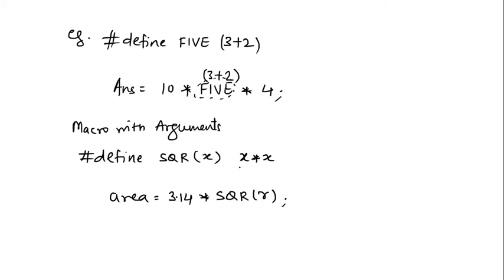So now the body, instead of x into x, will be replaced as r into r. And the job is done. Again, I have taken a very simple example. I hope you've understood that you can use creativity to design such macros with arguments and use them very wisely. Fine, so that's the second method which we were talking about to create constants.